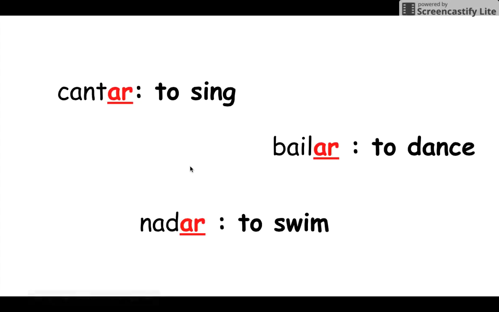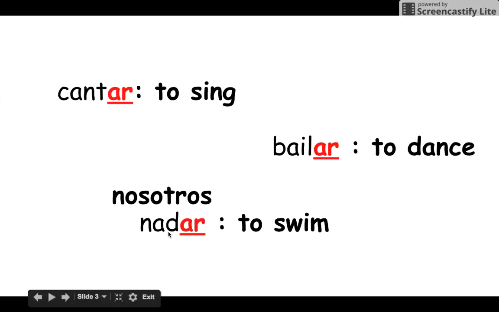Even if you add the subject pronoun nosotros, which means we, next to nadar, you still wouldn't be saying we swim. You would be saying we to swim. Likewise, if you add yo, which means I, in front of cantar, you wouldn't be saying I sing, but rather I to sing. Tú, in front of bailar, you wouldn't be saying you dance, but rather you to dance.